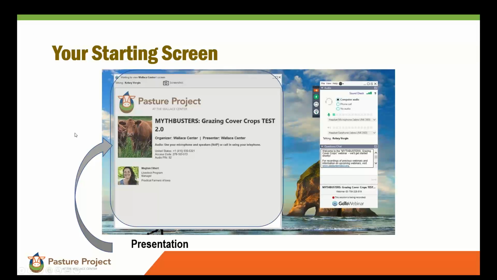So in terms of the webinar technology, you should see the GoToWebinar control panel on the side of your screen. You can maximize and minimize by clicking the orange arrow at the top. And you may want to use your control panel during the presentation, so it's best to keep it maximized.